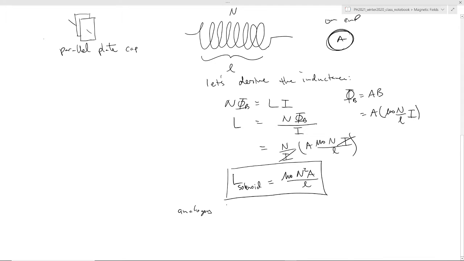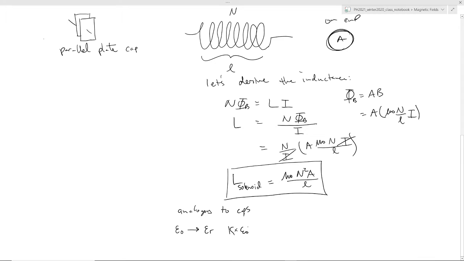And I should mention, analogous to when we were talking about capacitors, remember we looked at how you could modify the capacitor by increasing the permittivity to some relative permittivity, some factor K times epsilon naught.